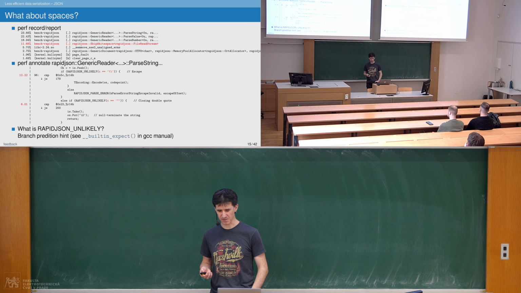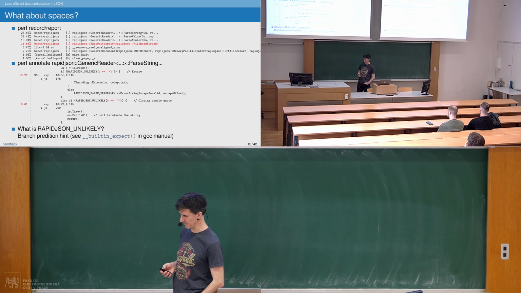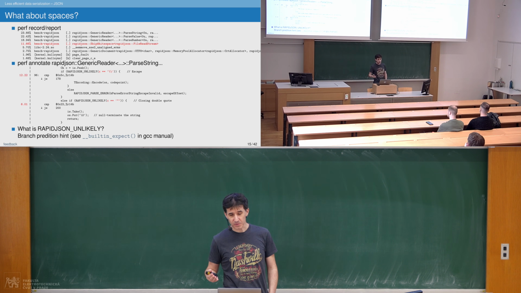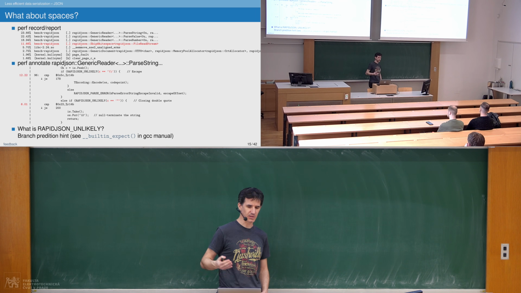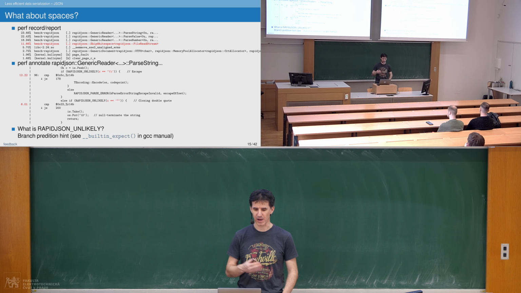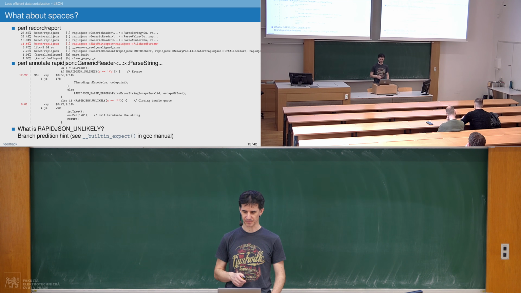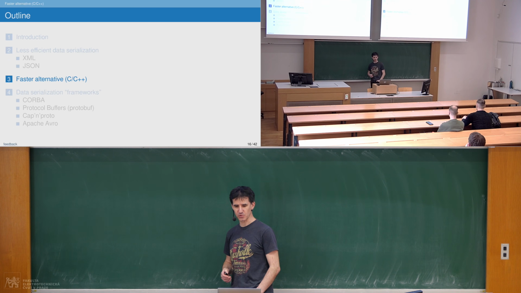But still it's not sufficient, or at least we can do better, because we still spend quite a lot of time parsing those spaces, quotes, backslashes, and whatever. So what can we do better than using JSON?